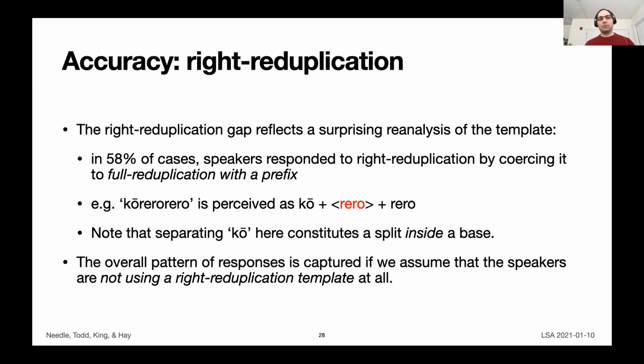This example is a pretty common word. Korero means talk, I think. So it is a strange thing that they're doing here, but it means that the overall pattern of responses is best captured if we assume that speakers are not using a right reduplication template at all.